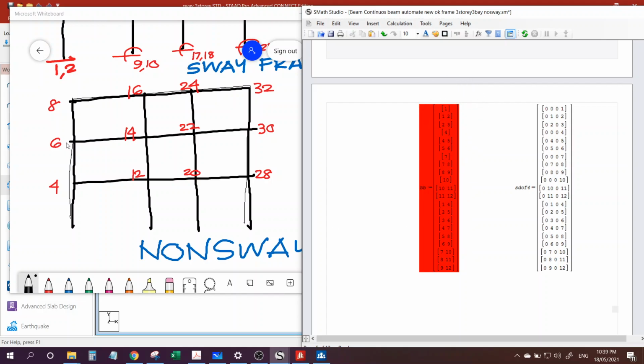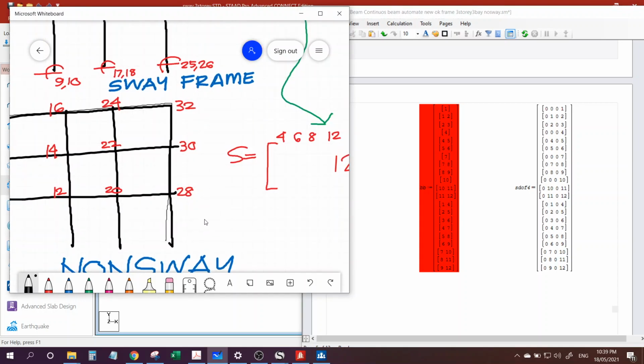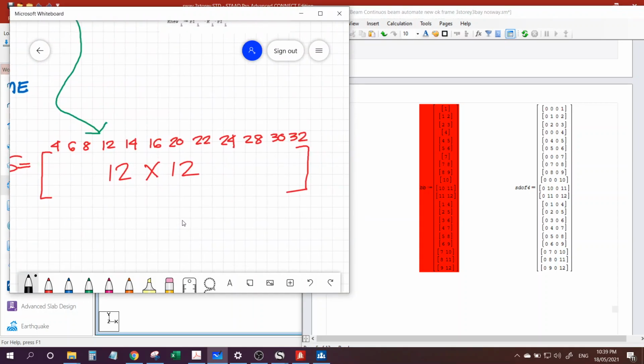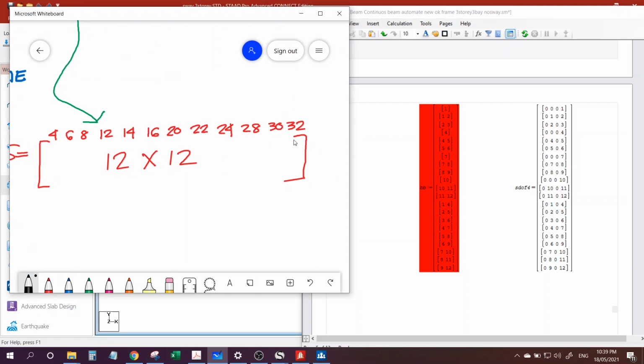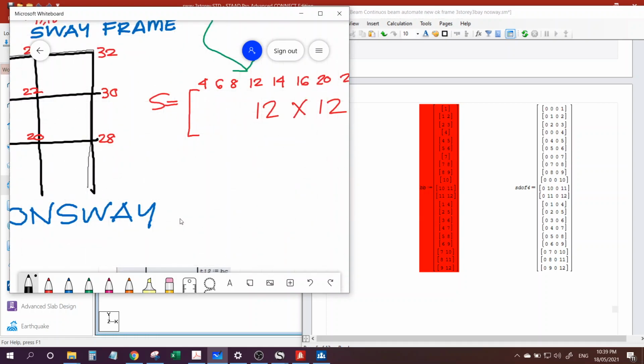Okay, so on and so forth. For member 2, code required is 4 and 6, which is located in the first and second element, right? And remember, this is our code numbering for the S matrix. Okay.